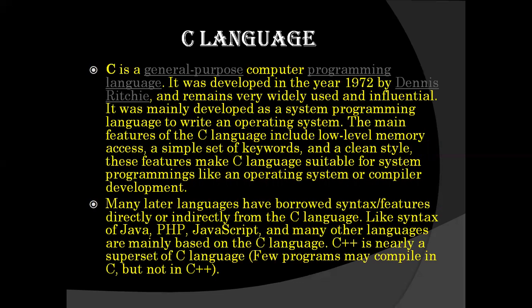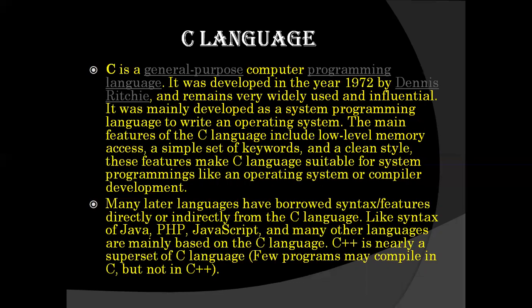Basically, let us know what is C language. C is a general purpose computer programming language. It was developed in the year 1972 by Dennis Ritchie and remains very widely used and influential.